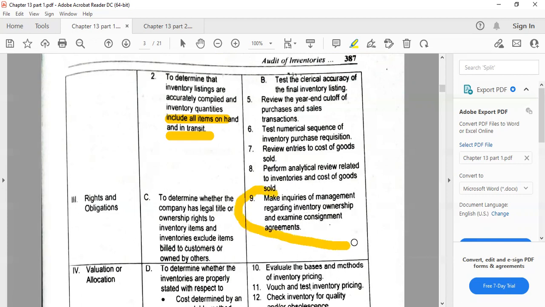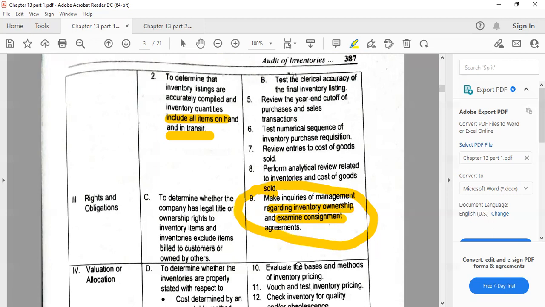Another very important procedure. Not all inventories that you can see inside the warehouse automatically belong to the client. So if you see inventory in the client's warehouse, you have to ask who owns it, because it could be that the client is a consignee, a mere consignee.